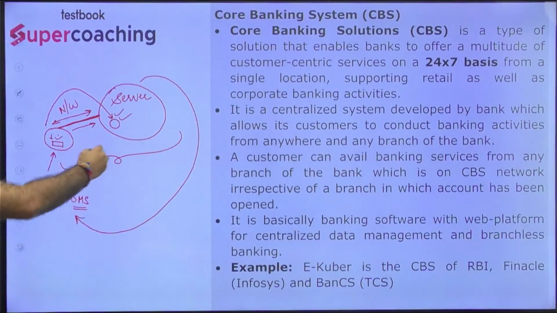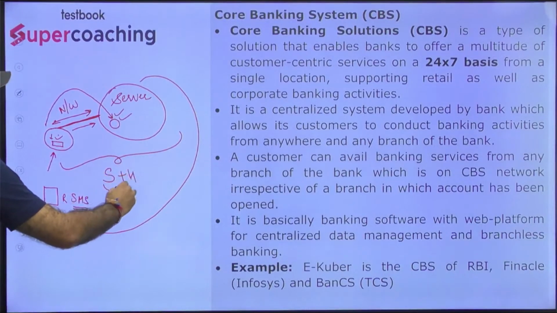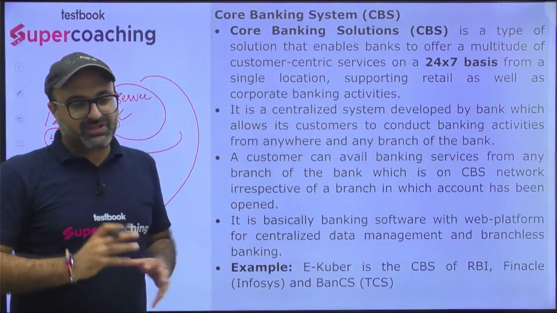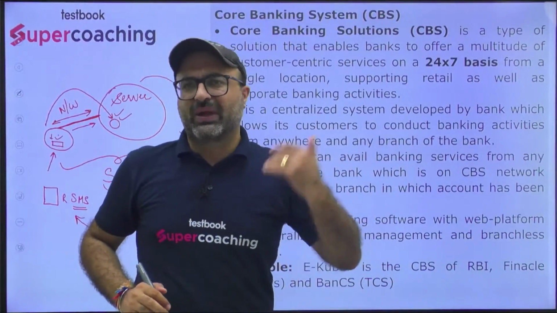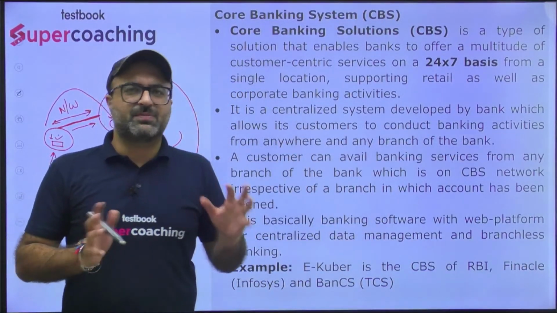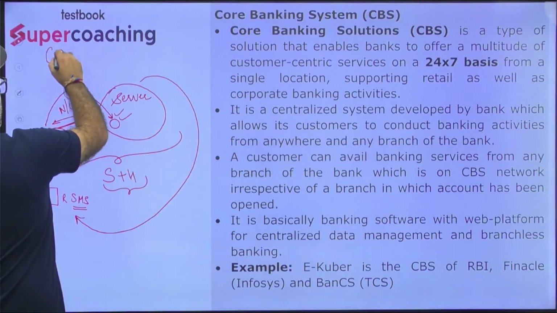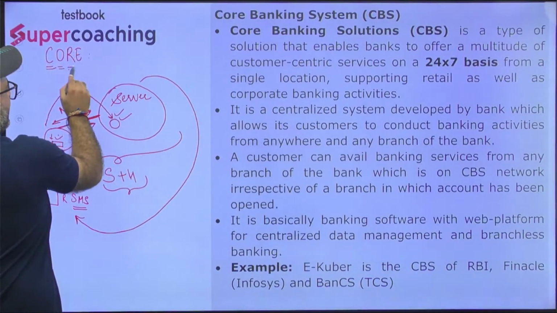So this combination of software and hardware, or I would say this basic networking which is used in a bank, which allows not only intra-bank transactions but also inter-bank transaction settlements in real time, is basically termed as core banking solution, where the word CORE stands for centralized online real-time exchange.